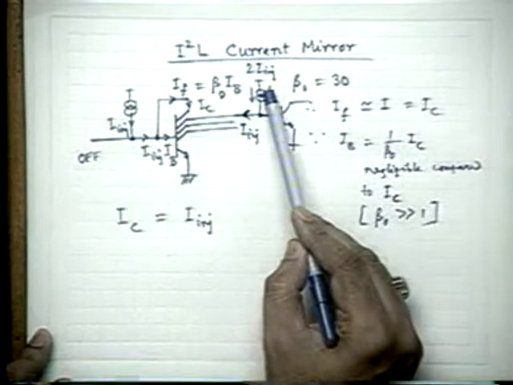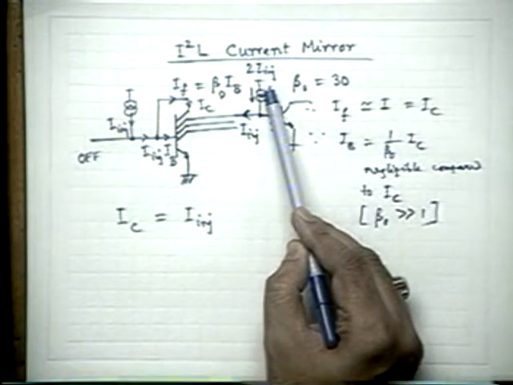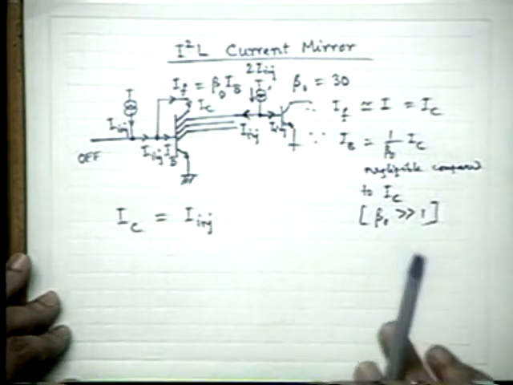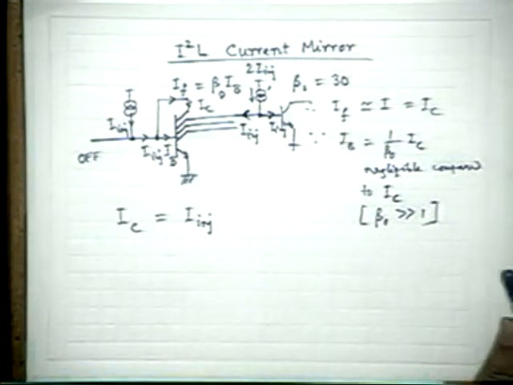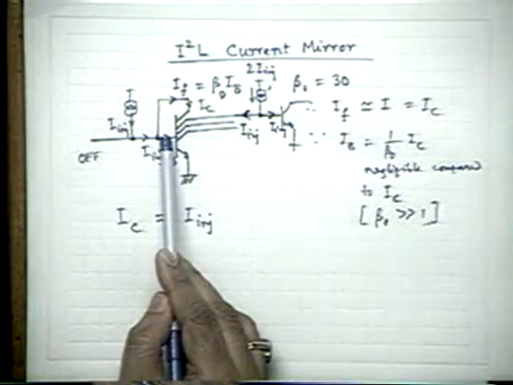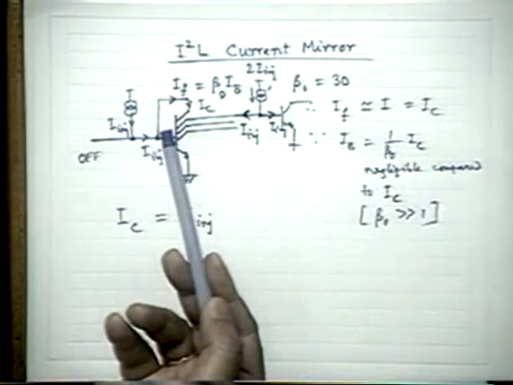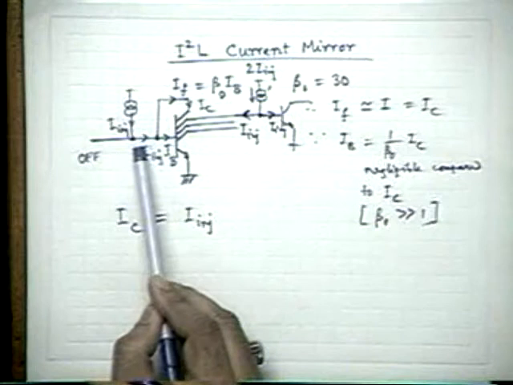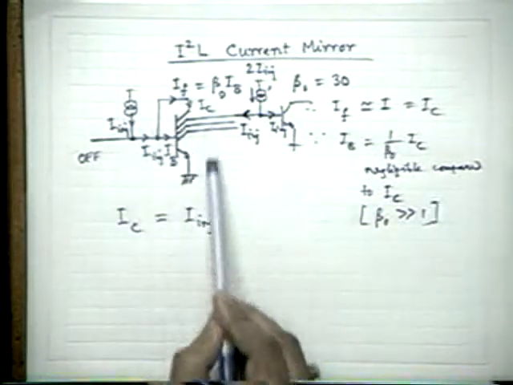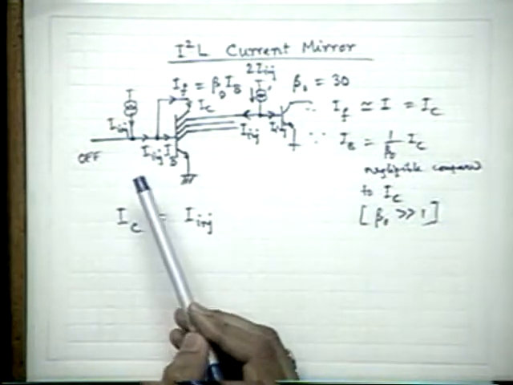On the other hand, if I design it for a smaller current, then these are very interesting. We shall see that this approach is what is called a current mirror, because whatever current you deliver to the input of this inverter, exactly the same current it sinks at the collector.